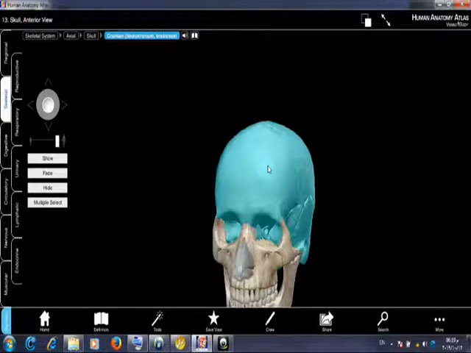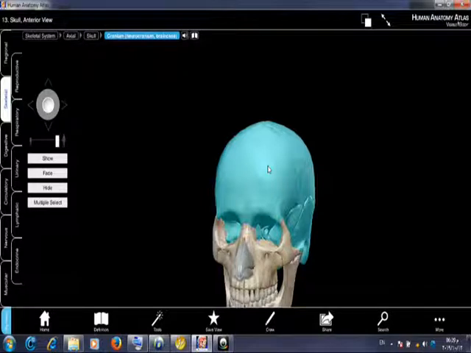Many students around the world are confused because they do not know the skull from the cranium. So they think the skull is the same as the cranium, and the cranium is the same as the skull. So this is wrong. The skull is not the cranium, and the cranium is not the skull.